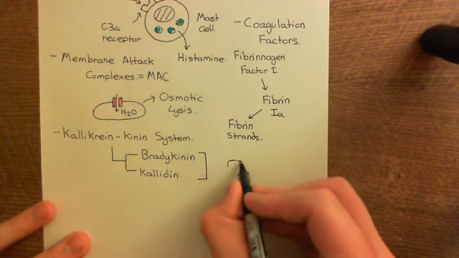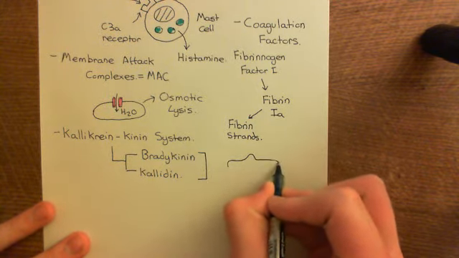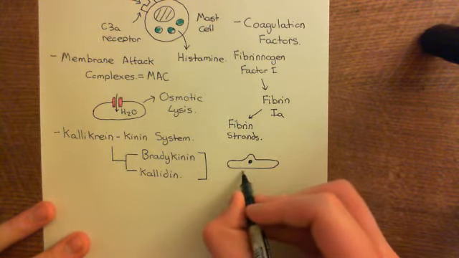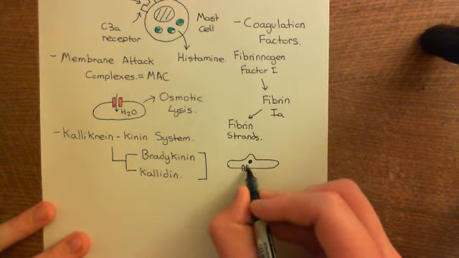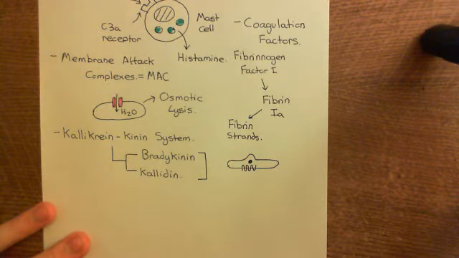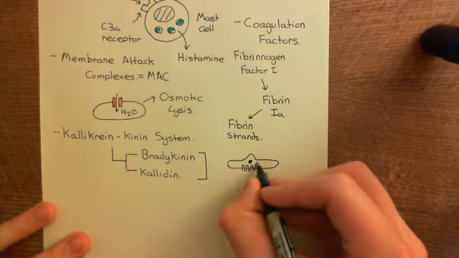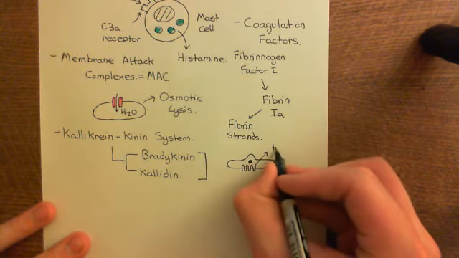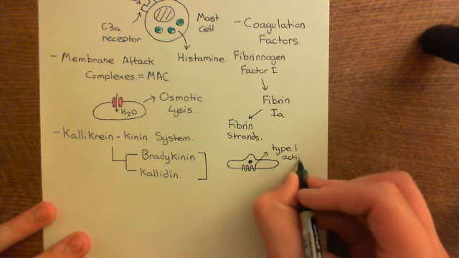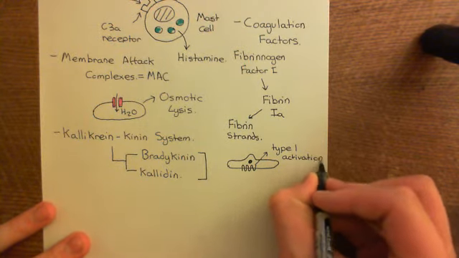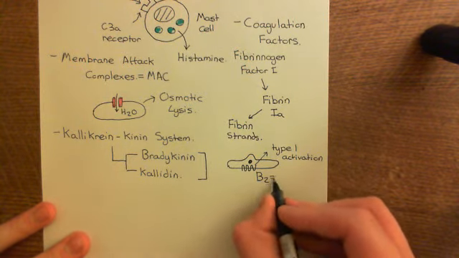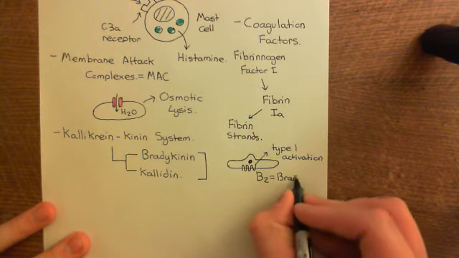They're going to diffuse back to the endothelial cells, and they're also going to lead to a positive feedback mechanism, because these endothelial cells have a G protein coupled receptor on them, which is also Gq coupled, with the seven transmembrane domains, and it will also trigger type 1 activation if it's activated. This receptor is susceptible to bradykinin and kallidin, and for this reason it's referred to as the bradykinin type 2 receptor, or the B2 receptor.